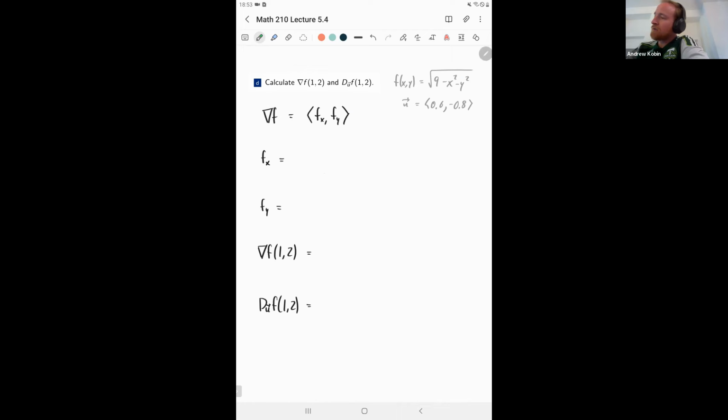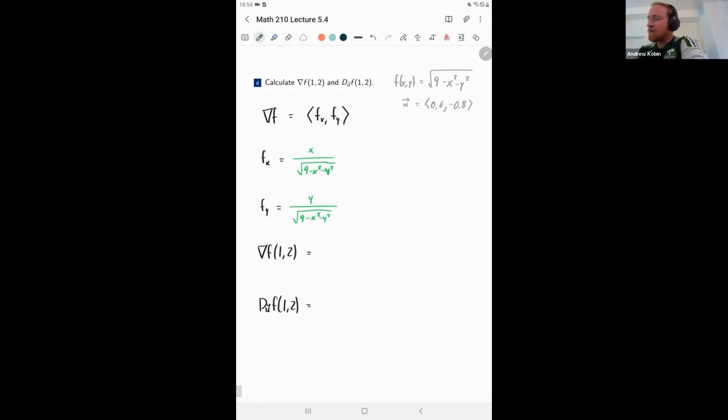If I quickly compute the partial derivatives with respect to x and y using the chain rule, I'm going to get x over the square root of 9 minus x squared minus y squared, and y over the square root of 9 minus x squared minus y squared.